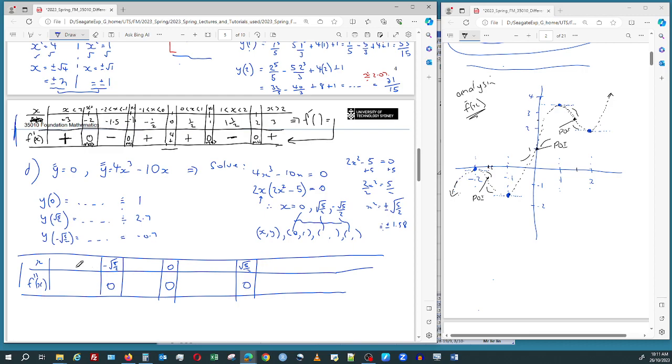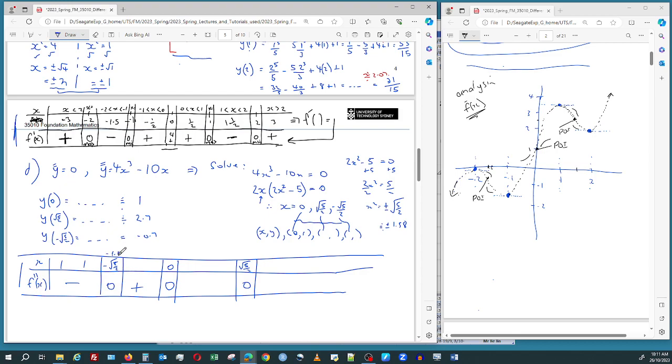Now below this, we'd expect the concavity to be negative in this interval. I'm going to let you put that interval in. You've got to get used to doing this. You're testing a value in between 0 and negative 1.58.